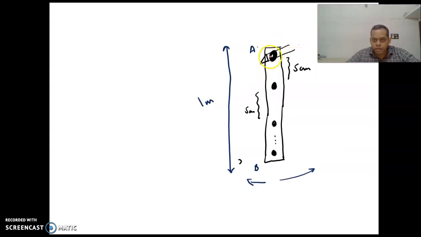Here we can see that there is a small knife edge, and we will be suspending the compound pendulum on the knife edge, and we will be oscillating this compound pendulum.